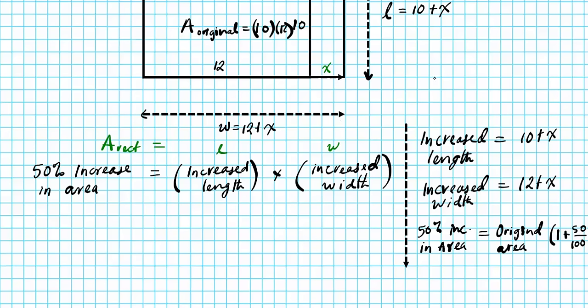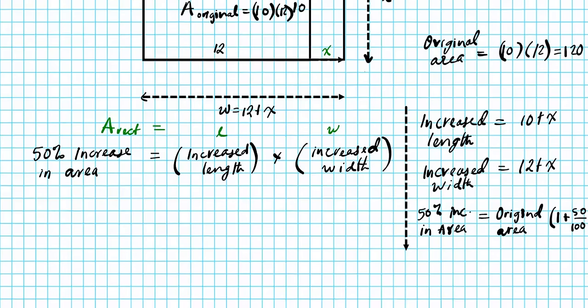Okay, so our original area, let's do it over here. Original area is 10 times 12, which is 120. Okay, so 50% increase is going to be the original 120 times 1 plus 50 over 100, which is 1/2 or just 0.5.